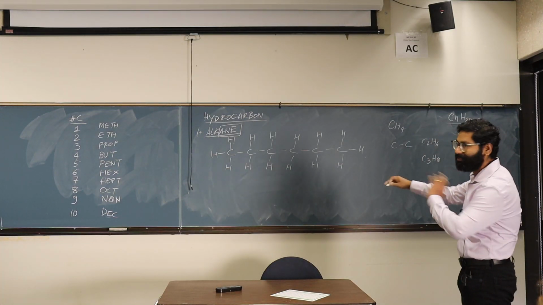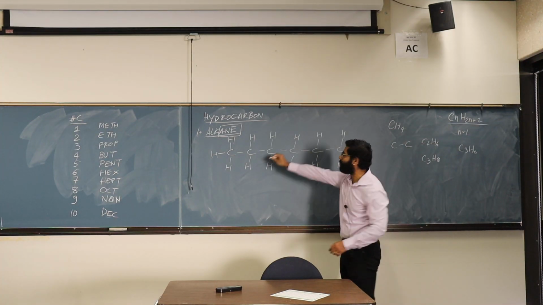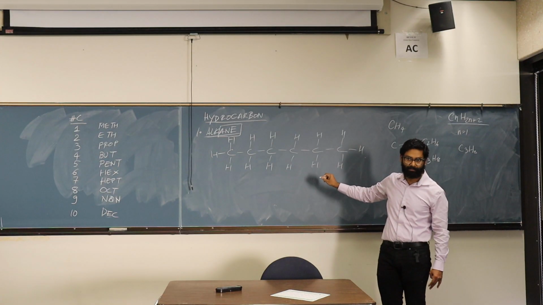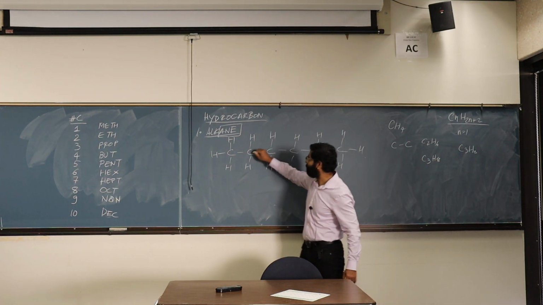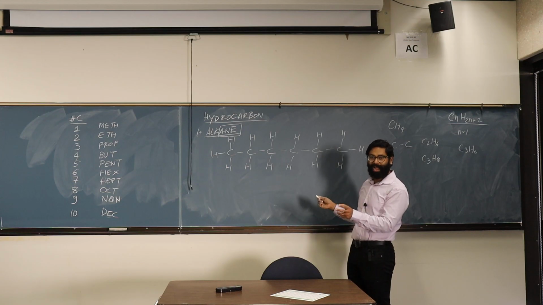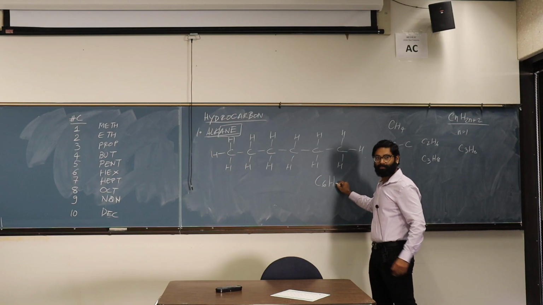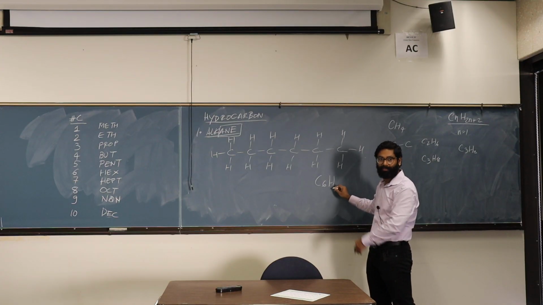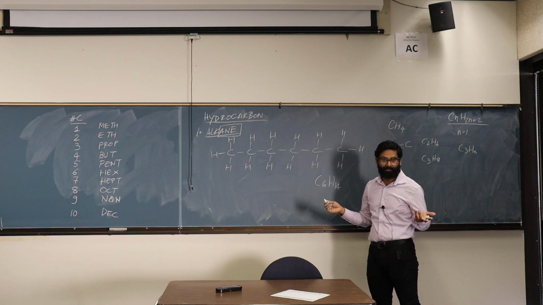Now you can have different chains and stuff like that, right? So what is the name of this compound? 1, 2, 3, 4, 5, 6. Without counting the hydrogens, tell me the formula. Don't count from the formula. 14. It will match. Right?